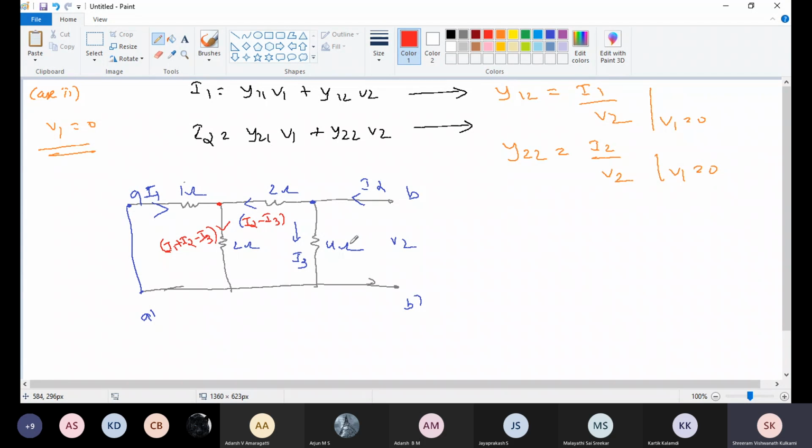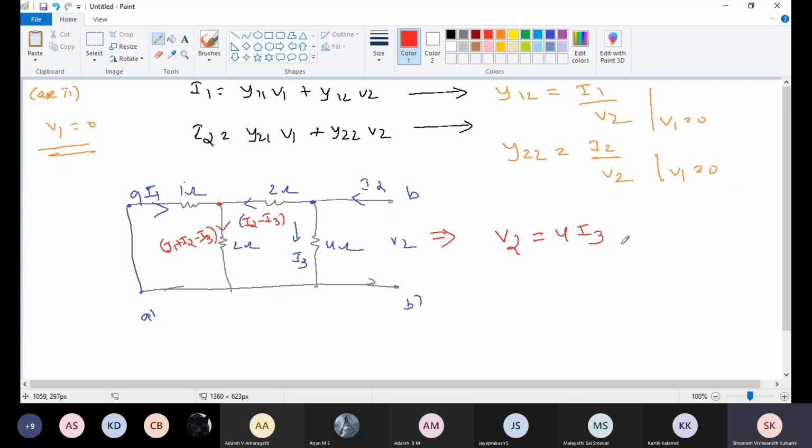Okay, now from the circuit diagram we can say V2 equals to... For a parallel circuit the voltage will be the same, correct? For parallel circuit elements the voltage will be the same. So the voltage drop across this 4 ohm, I can simply write V2 is equal to 4 into I3.